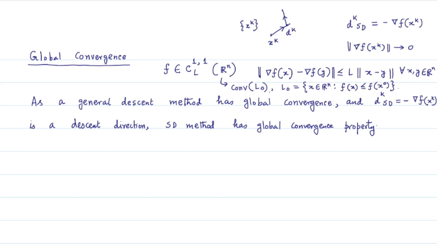Inside this convex hull of L0, if the function f has continuous first order partial derivatives and the gradient of the function f is Lipschitz, under this condition we all know that a general descent method has global convergence, and hence the steepest descent method also has the global convergence property, provided the function f is a C^{1,1}_L function.